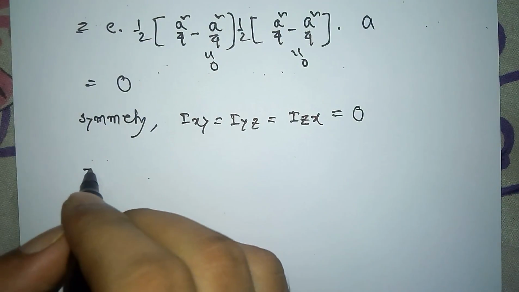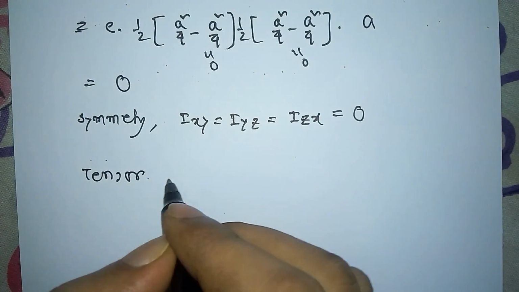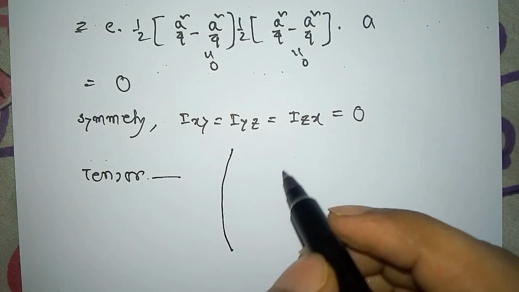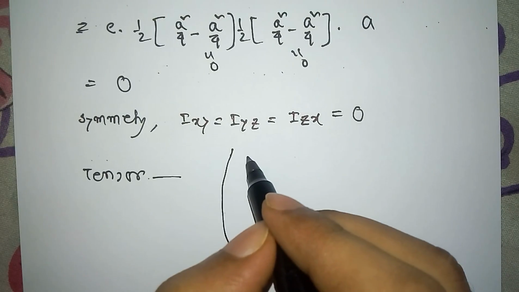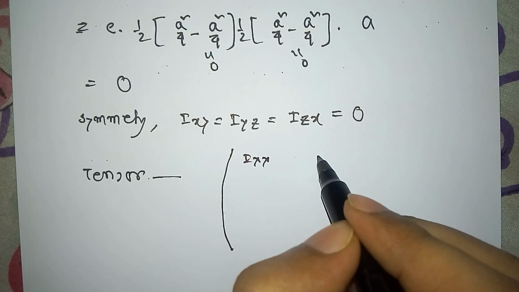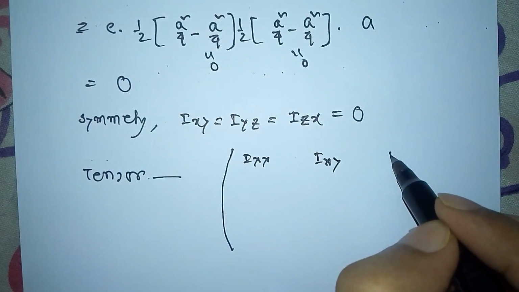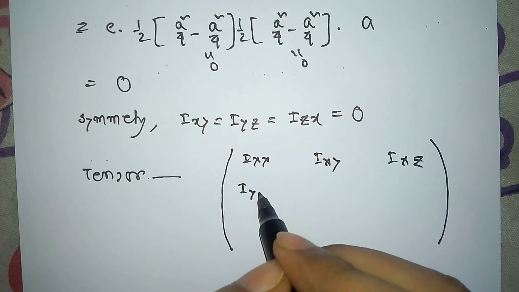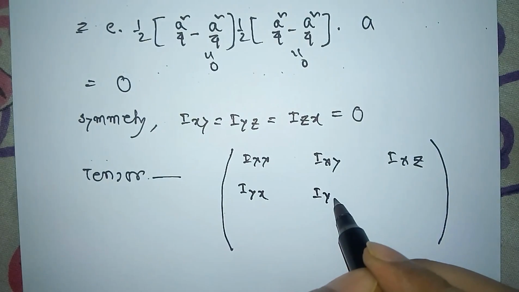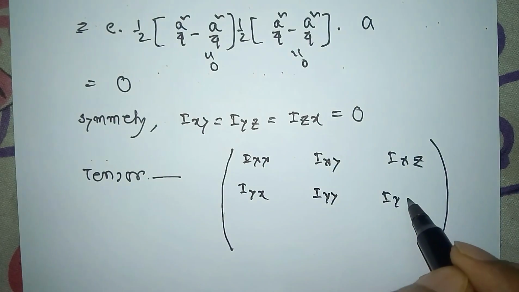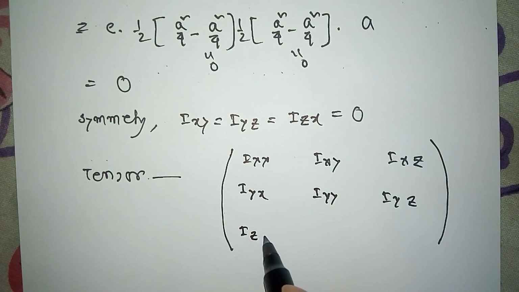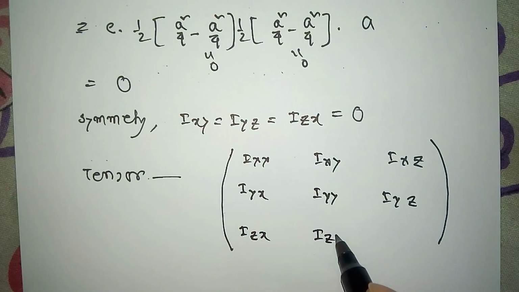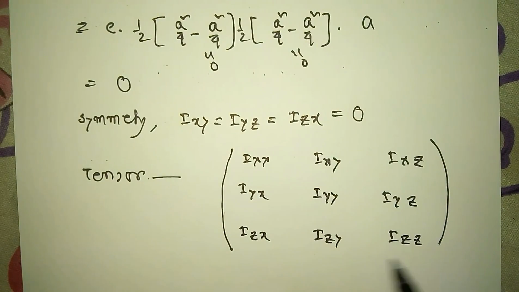Now the moment of inertia tensor will be Ixx, Ixy, Ixz; Iyx, Iyy, Iyz; Izx, Izy, Izz.